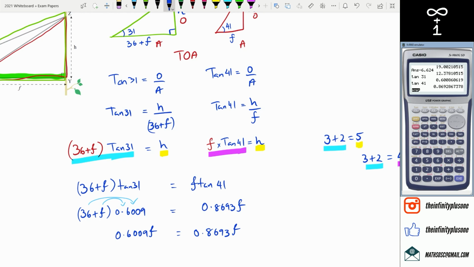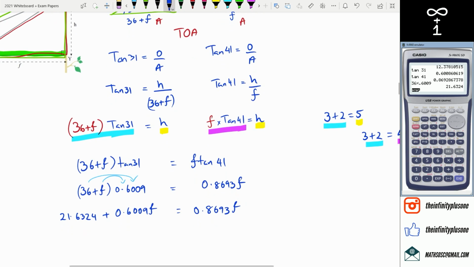And then I've got 36 times 0.6009, which gives me 21.6324. Now I need to rearrange, so I've got 21.6324 equals 0.8693F, take away 0.6009F.